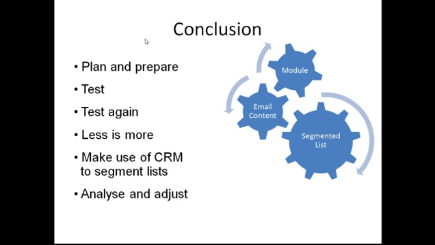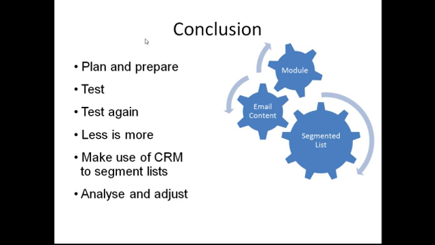Test it, test again. Less is more. A huge email list is no good to anyone if it gets you a click rate of 1%. A list with fewer people in it, targeted, filtered according to the topic of the email, will be shorter, but it will get you better results.